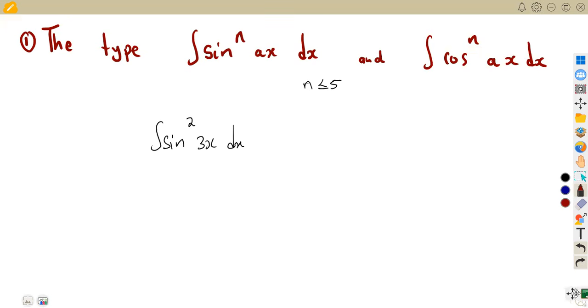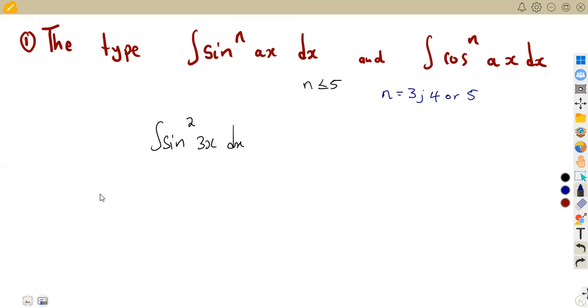On these exponents n, the most important ones start with n equal to 3, n equal to 4, or n equal to 5. Because if n is equal to 1, that is a normal integral. If n is equal to 2, it's also a normal integral because we are given these integrals, right?